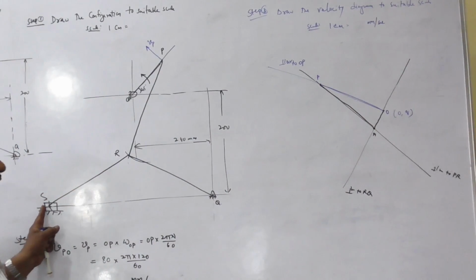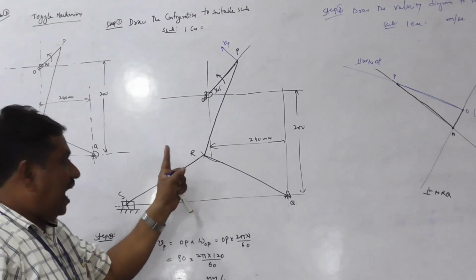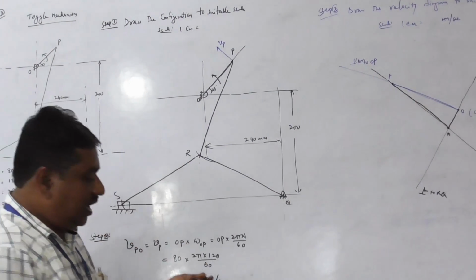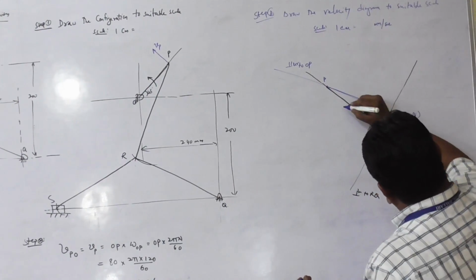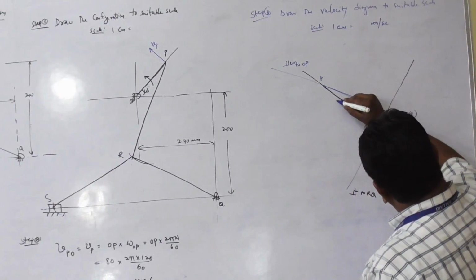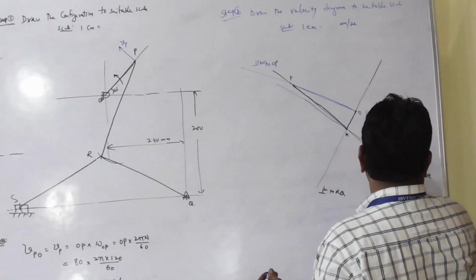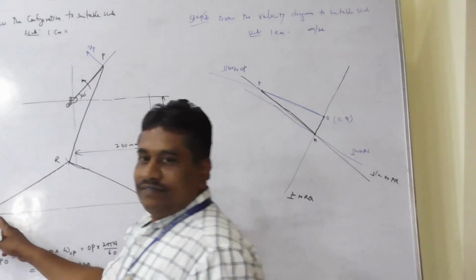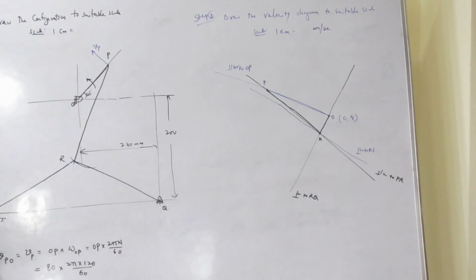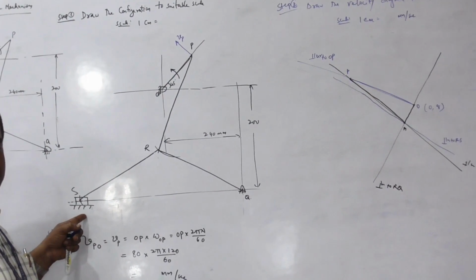Now I will consider link RS. Velocity of S relative to R, as seen at R, is perpendicular. Therefore, through r, draw a line perpendicular to RS. Now S is a slider. The velocity of the slider is absolute because it slides with respect to a fixed element.